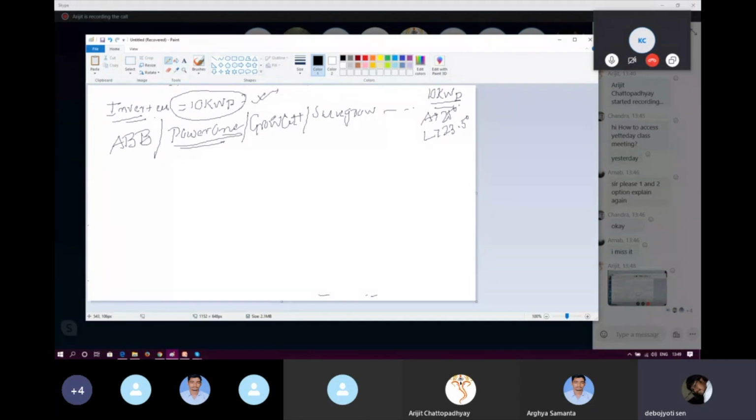First, we need to ask for the data sheet from the manufacturer, or we can Google it. If I Google a 10 kilowatt peak Power One inverter data sheet, we are going to get this.